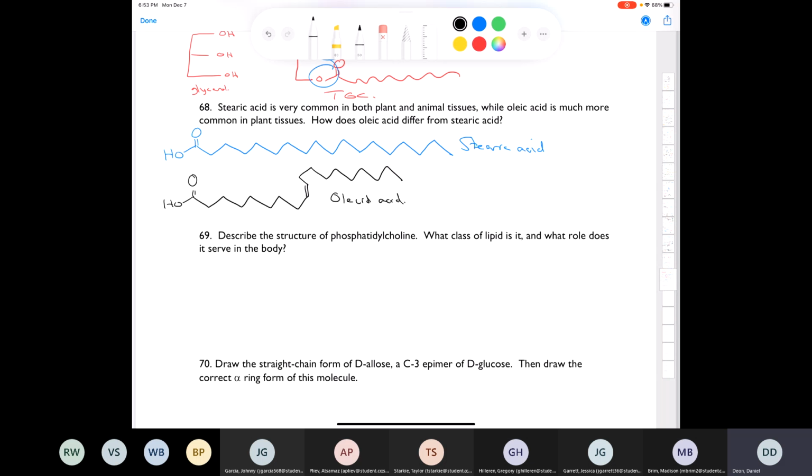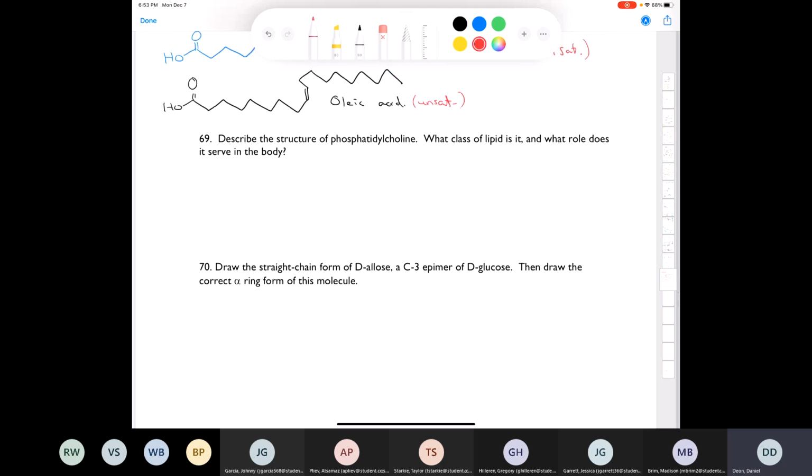And you can see the difference between these two is that stearic acid is a saturated fatty acid and oleic acid is unsaturated. That's why oleic acid is more commonly found in plants, because we think of oils as being found in plants and saturated fats as being found mostly in animal tissues.